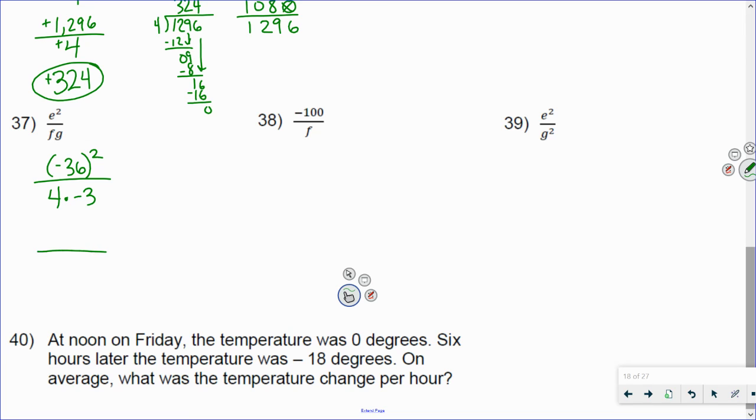Now remember, we already calculated this guy right above, 1,296. And the opposite of a negative times a negative gives us a positive. Meanwhile, 4 sets of negative 3 is negative 12. I guess you could look at it as the opposite of a positive is a negative, but we can see the negative 12 right here.